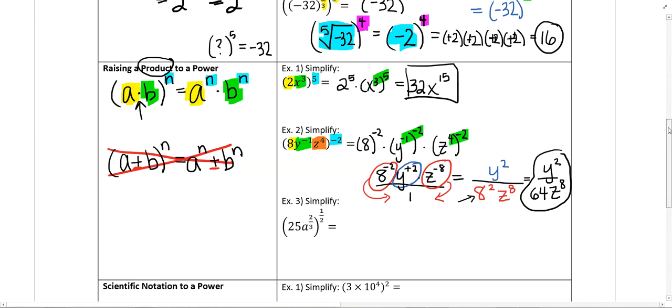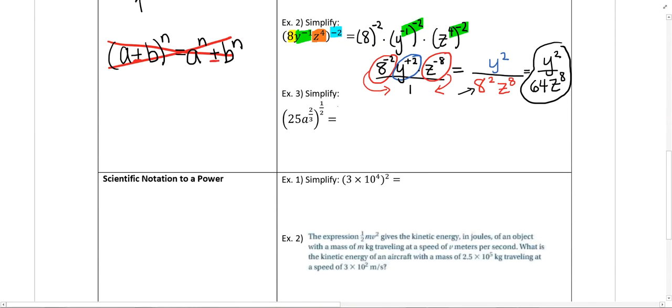Okay, one more of this set of examples. We have 25 times a to the 2/3 all being taken to the 1/2 power. So once again, the 25 is going to be taken to the 1/2 power, and the a to the 2/3 power is going to be taken to the 1/2 power.